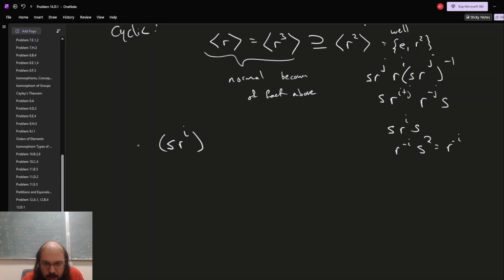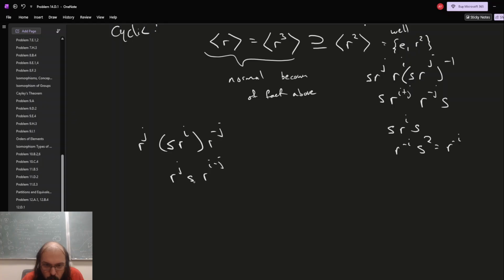Okay, we don't have to do it all at once. Let's just see what happens if I conjugate by an r to the j to get started. Then this gets me r to the j, S r to the i minus j.